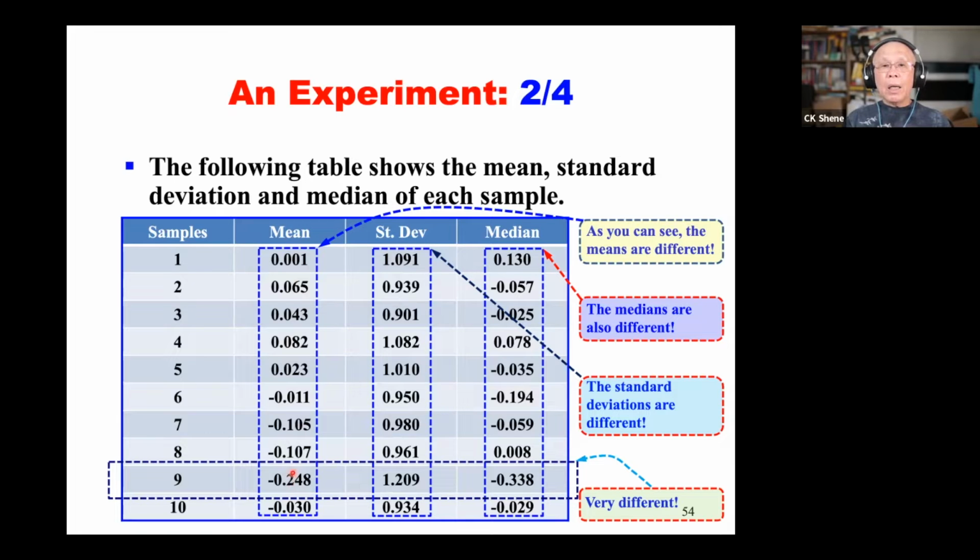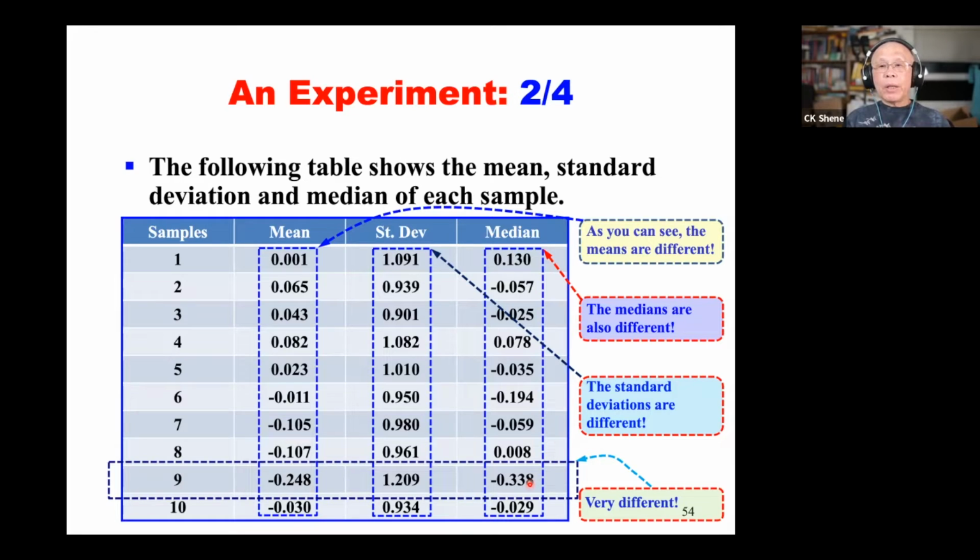Sample 9 has a very large value in terms of its absolute value, negative 0.248, very different from 0. And its standard deviation, 1.2, is very different from 1. Its median, negative 0.338, is also very different from 0.